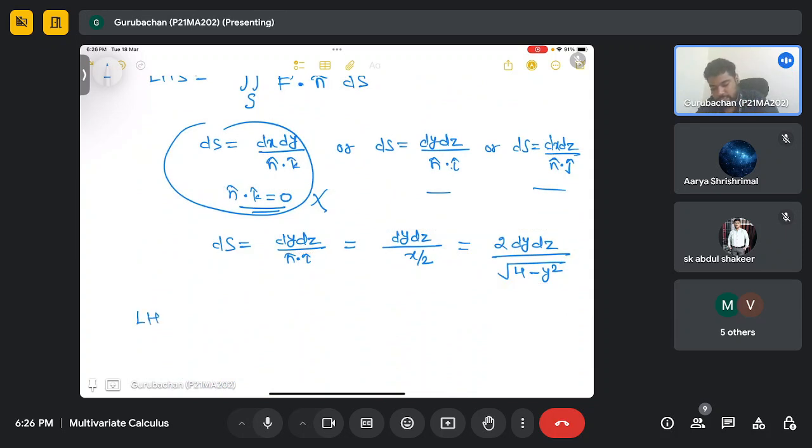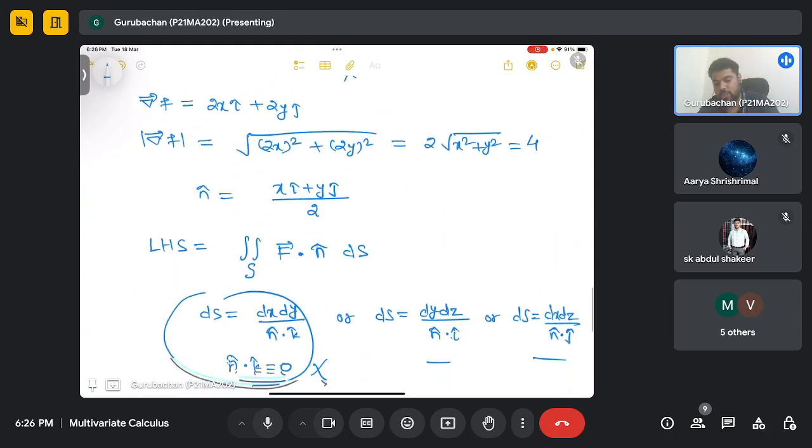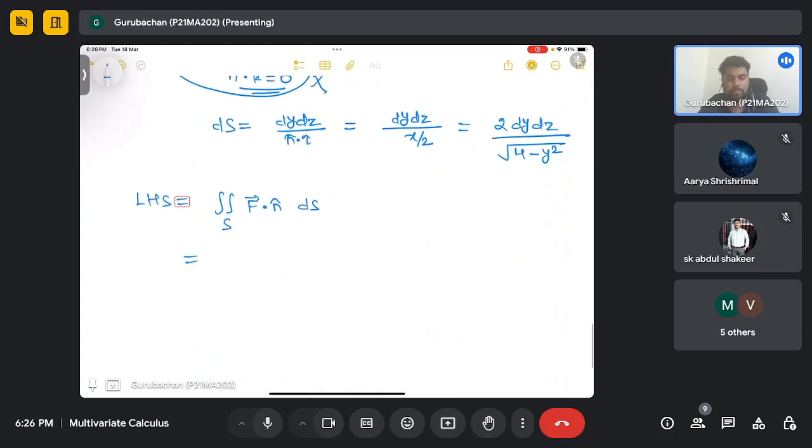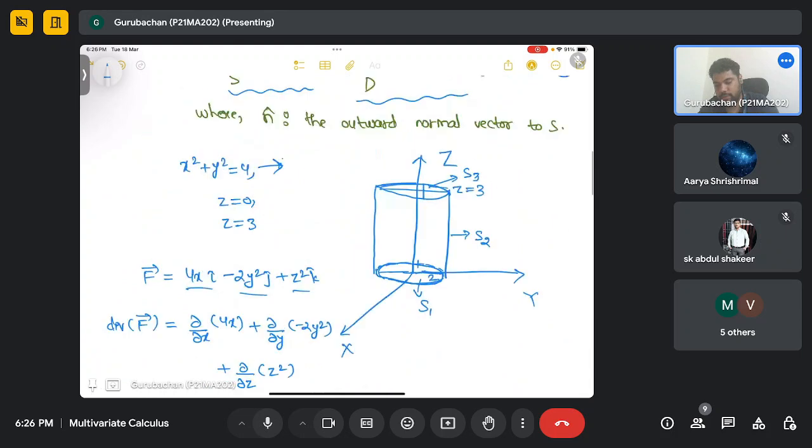Now what is the LHS? Double integral f dot n cap ds. Now we know the value of f, we know the value of n cap, we need to calculate f dot n cap. So here was our f.